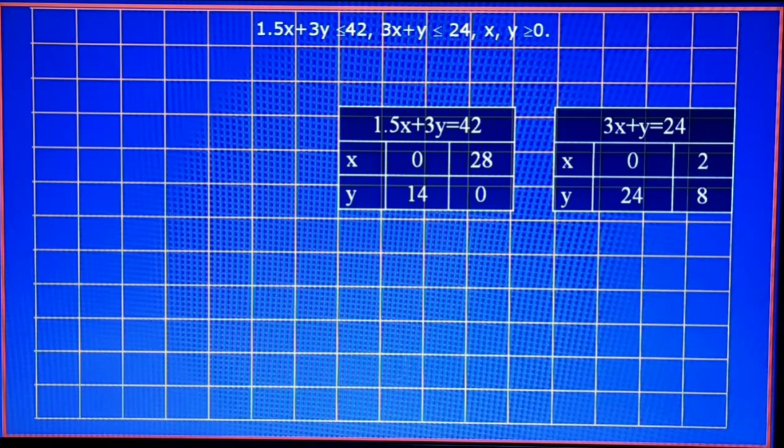From second equation, 3x plus y is equal to 24. When x is equal to 0, y is equal to 24. When x is equal to 2, y is equal to 18. Let us take two perpendicular lines to represent x and y axis.